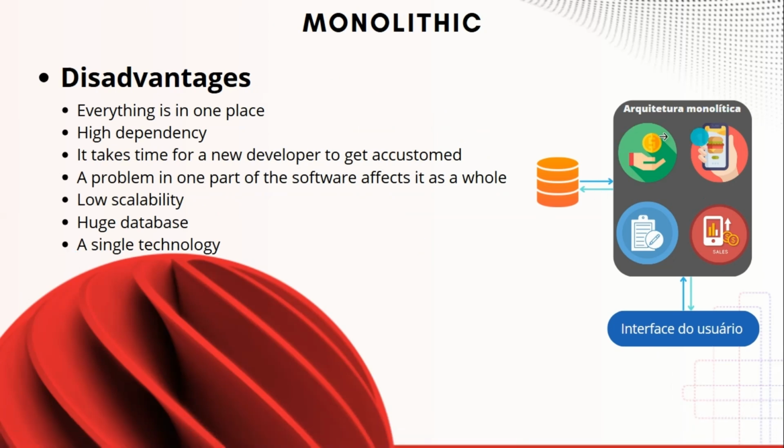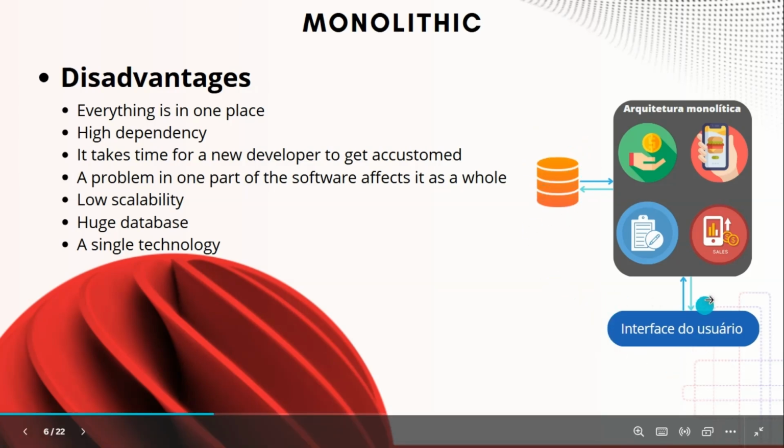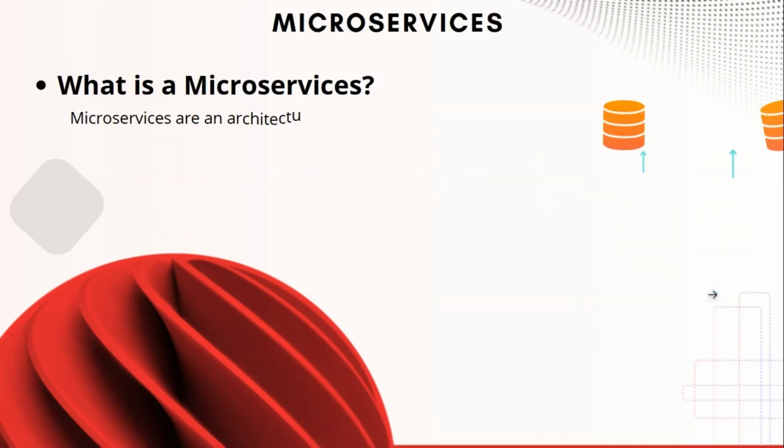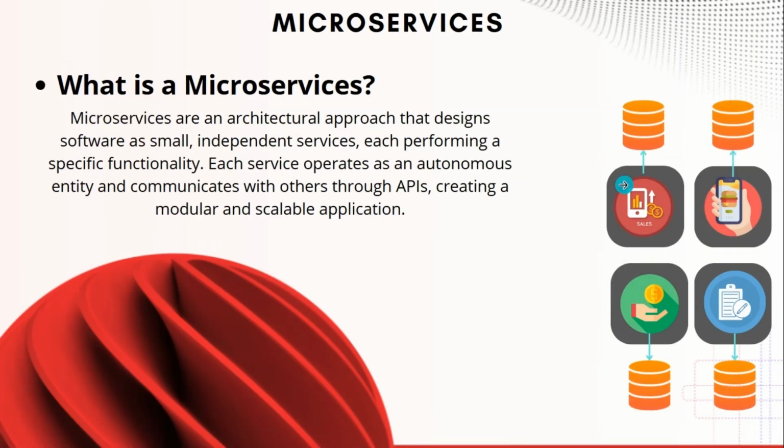In monolithic architecture, we have many functionalities, only one instance, only one database, and only one user interface. But in microservices, we have many instances, and each instance is a microservice. Each microservice has its own responsibility, and each microservice has only one database.